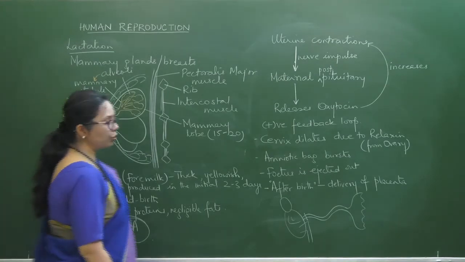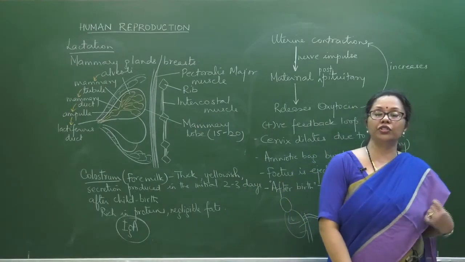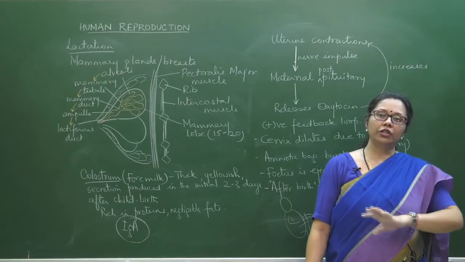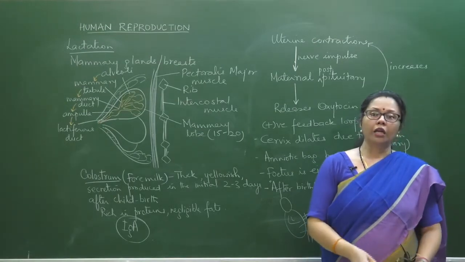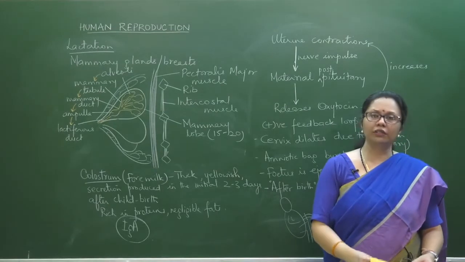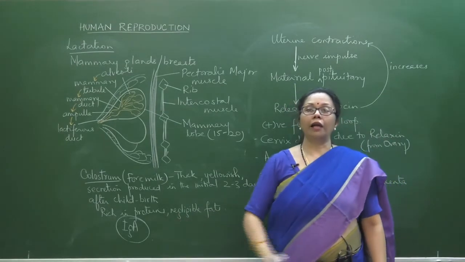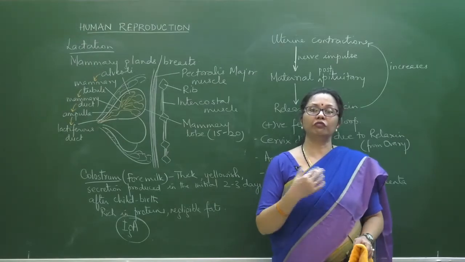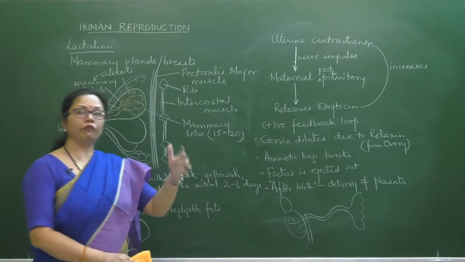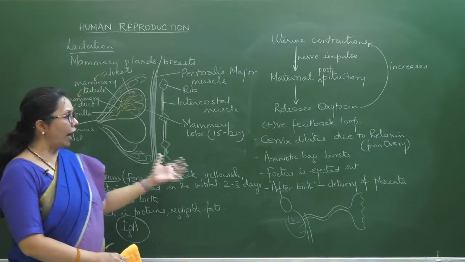So you see these two antibodies are very important. One which crosses through the placenta, that is IgG, and the one which is present in the colostrum, that is IgA. Even in the mother's milk these are present, but not so abundant, much lesser amount. But in the colostrum it is abundant, and that is going to provide passive immunity to the newborn for the next 6 months, because these pre-formed antibodies remain in the circulation for almost 6 months.